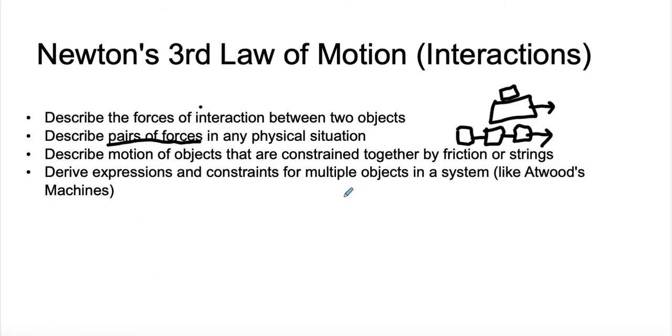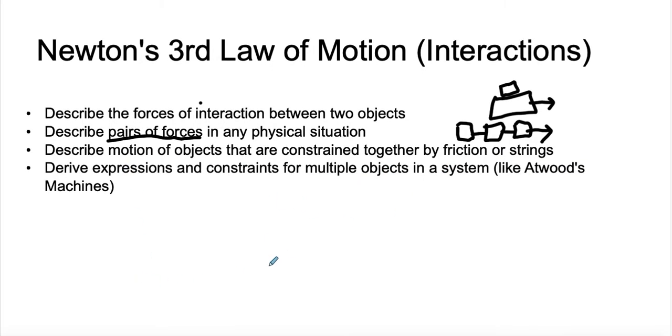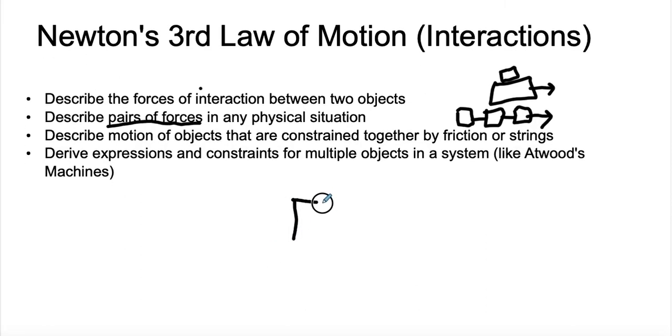And then expressions and constraints for multiple objects in a system. You could have, for example, a pulley system, and you have an object down here, and you have an object up here. One accelerates down like this, one accelerates this way. Those accelerations are the same because they're constrained together by the string.